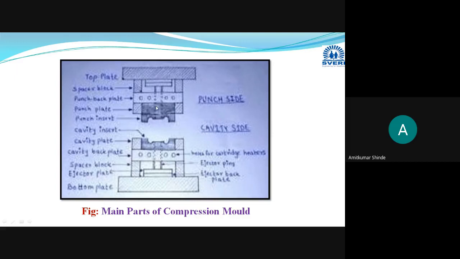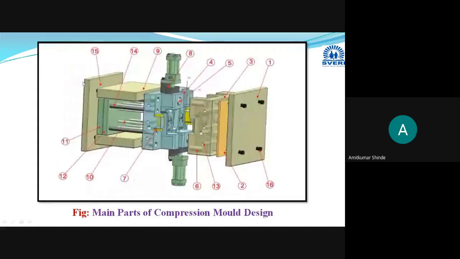The punch plate will hold or support the punch, and the punch back plate will act as the support for the punch plate and punch insert. Similarly, there is the cavity insert, cavity plate, cavity back plate, spacer block, ejector pin, ejector plate, ejector back plate and bottom plate. Or you can refer to this diagram also.